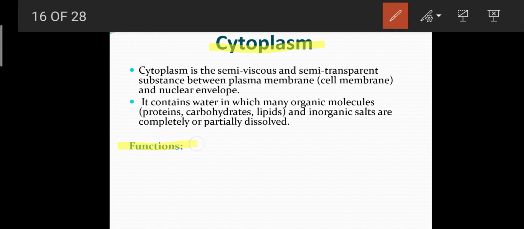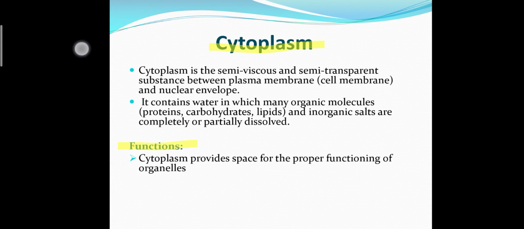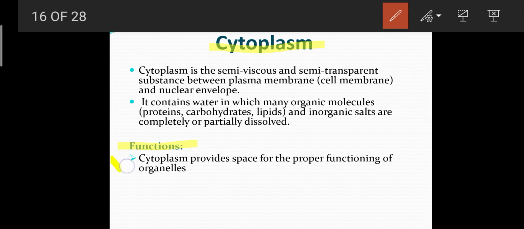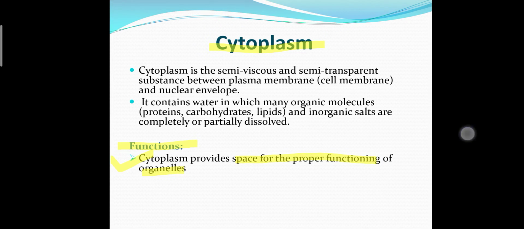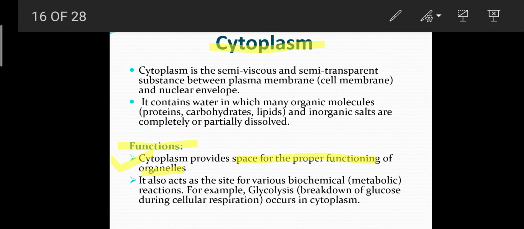Functions of the cytoplasm include: it provides space for the proper functioning of organelles. It also acts as a site for various biochemical or metabolic reactions. For example, glycolysis. Glycolysis is the breakdown of glucose during cellular respiration that occurs in the cytoplasm.